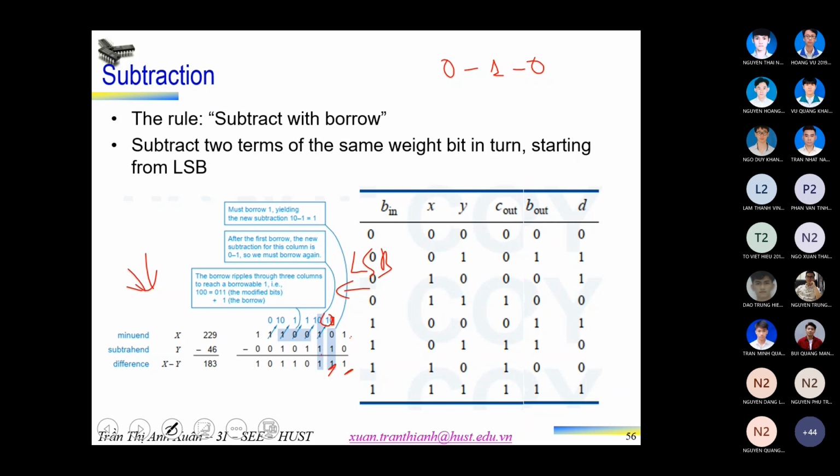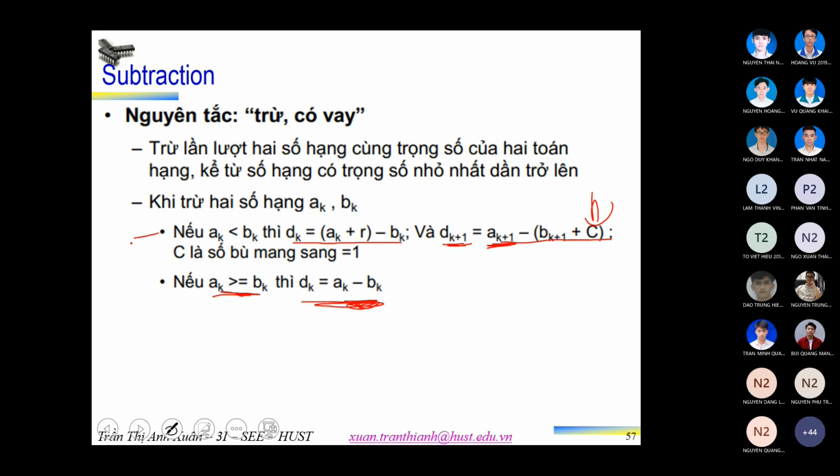For the next we do 1 minus 1 minus 1. So this subtraction we also have a borrow bit. And then we do as these rules, we apply this rule.